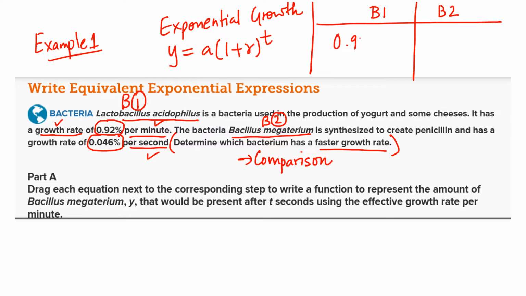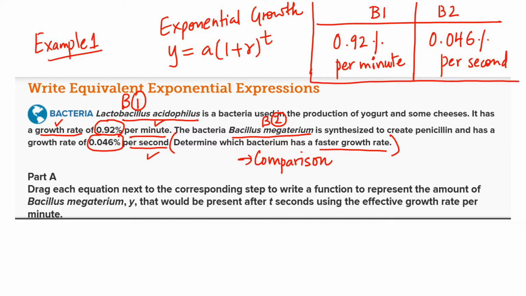For B1, 0.92% is per minute, so in 1 minute it is growing by this much percent. And for the second bacteria, the unit is different. It is per second. So in order to compare the growth rates better, we have to convert them into one unit. Then it will be a good comparison.